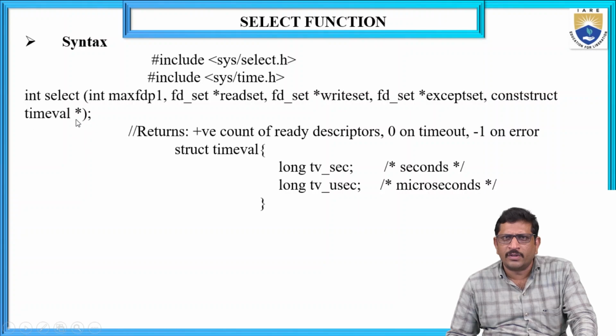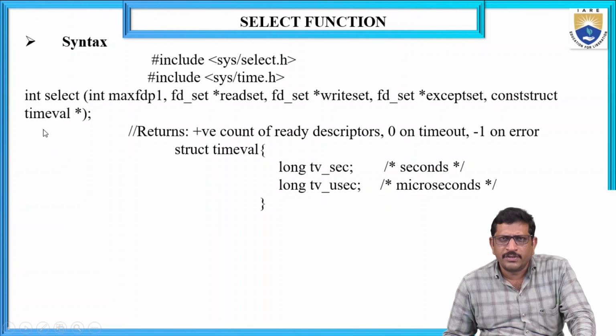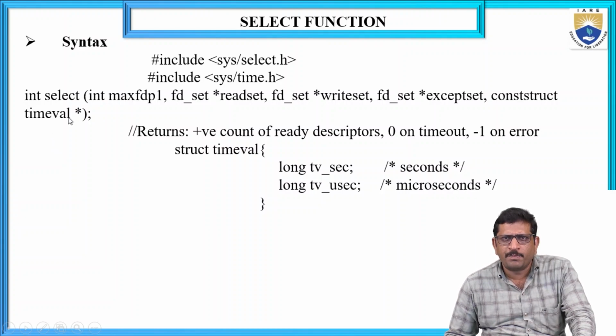Here timeval refers to the time value structure for the select function. Select always uses the timeval, whereas pselect uses a timespec. The timespec gives a specification such as at 2 o'clock, at 3 o'clock, at 4 o'clock.